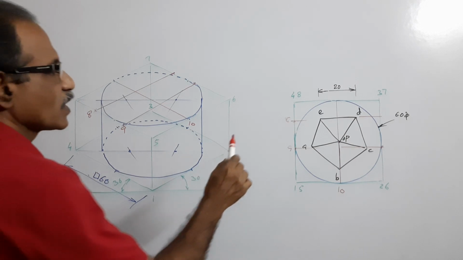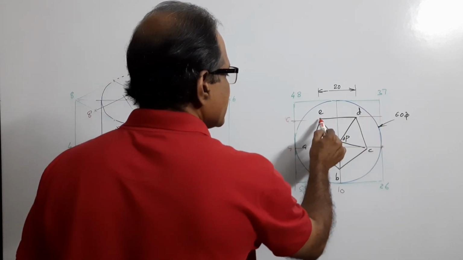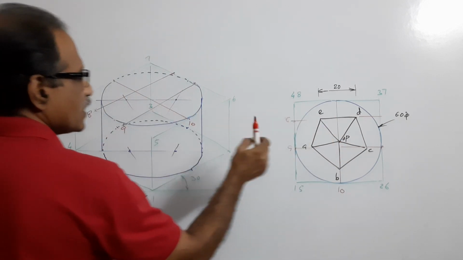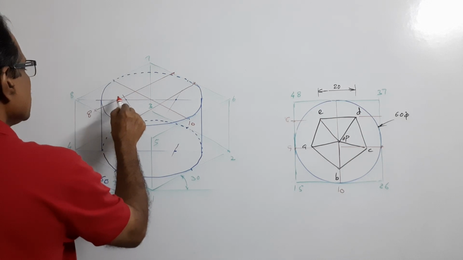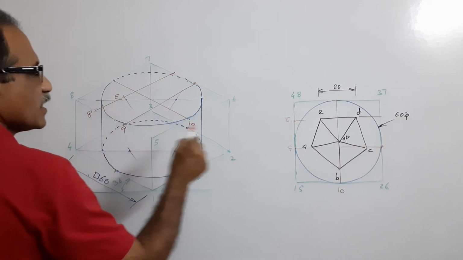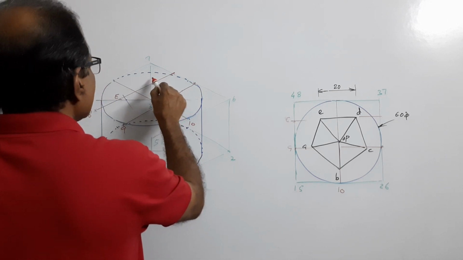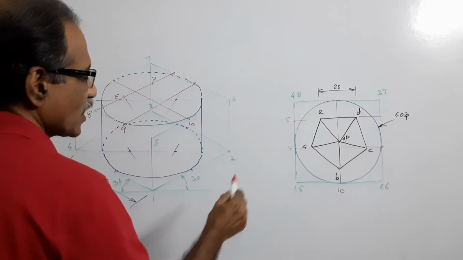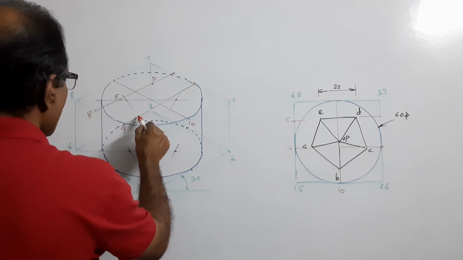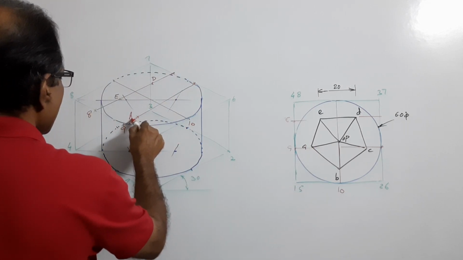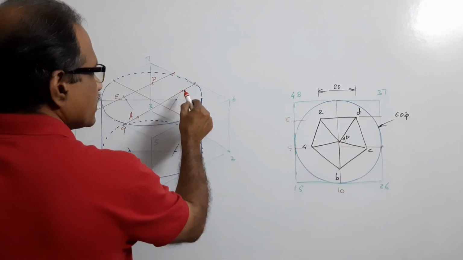Now, on the line through 8, take this distance to locate E. So this is E. Same distance in this direction, you will get what? You will get D. Take this distance and locate A. Take the same distance in reverse direction to get what?